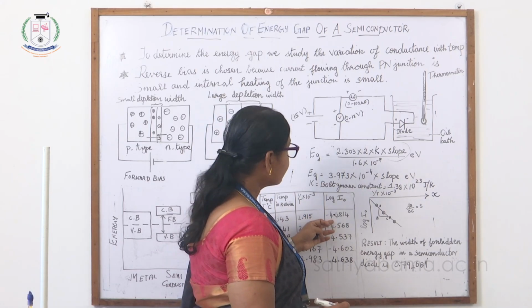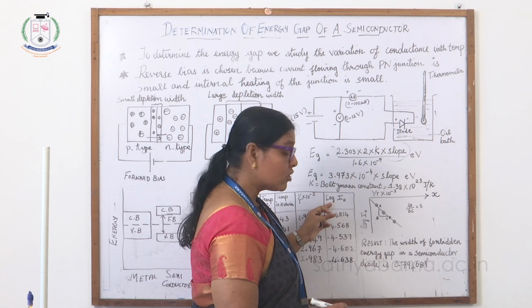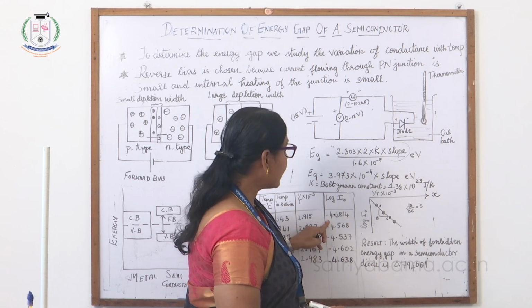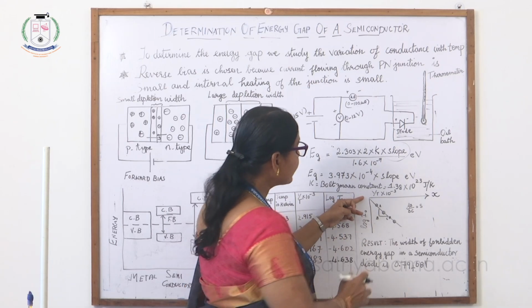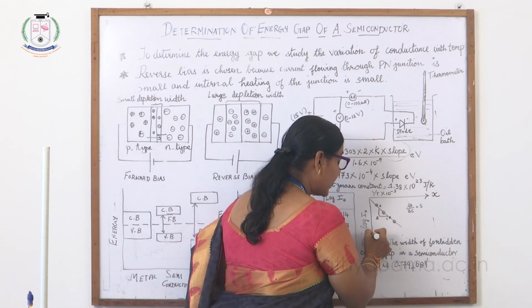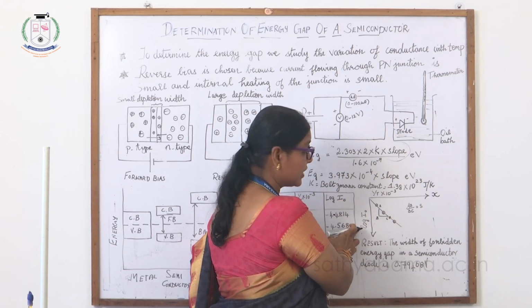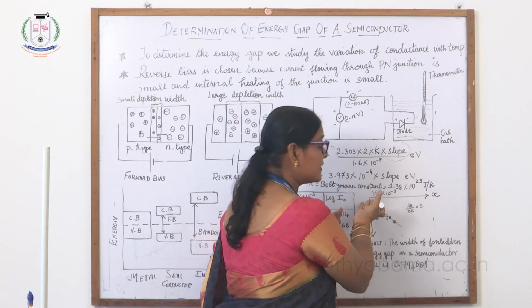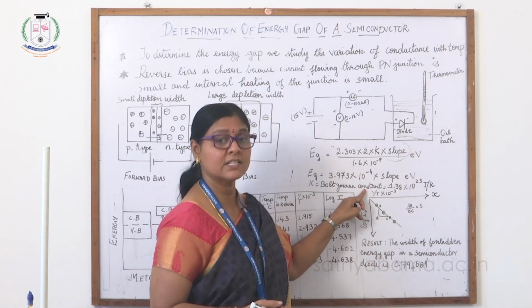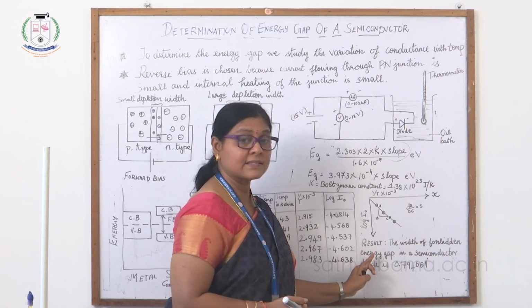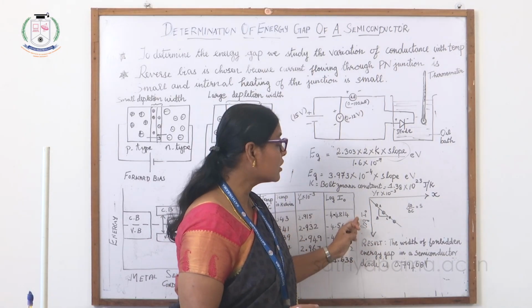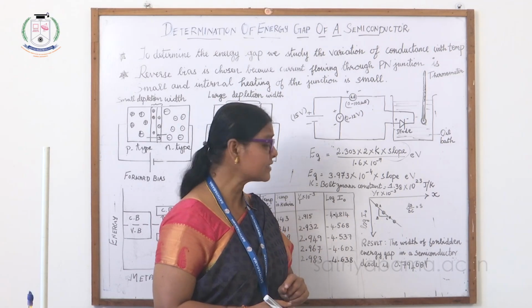So I have plotted 2.915 corresponding to the log I0 value, which is minus 4.4814, which I have taken along my y-axis. My x-axis denotes 1 by T into 10 power minus 3, and the y-axis denotes log I0. Is that clear?